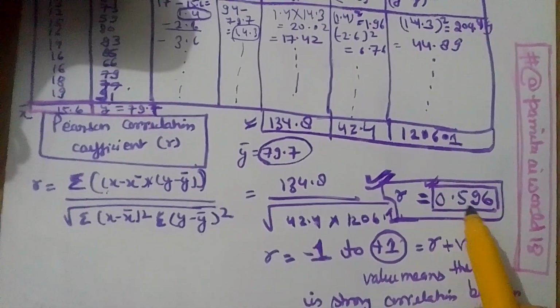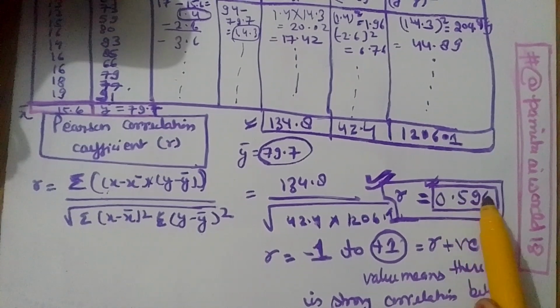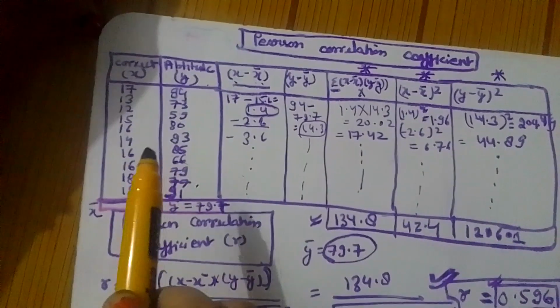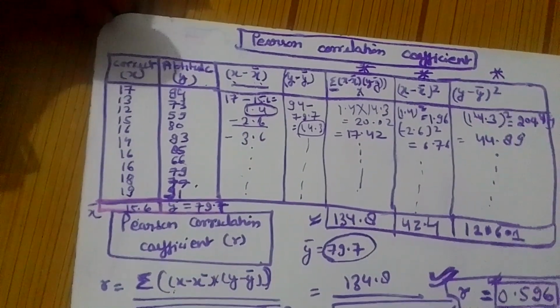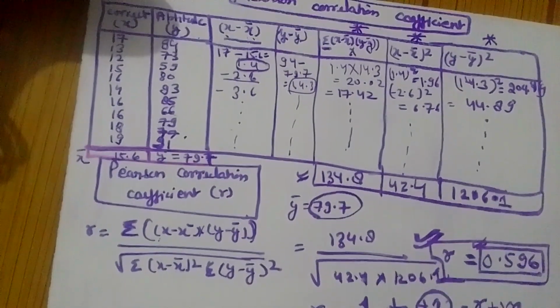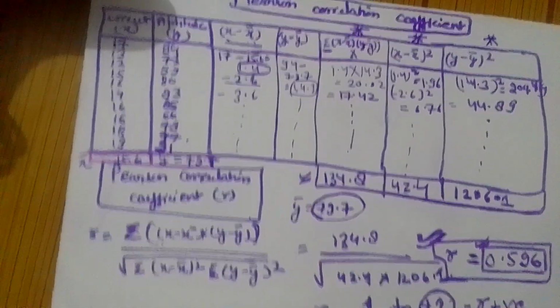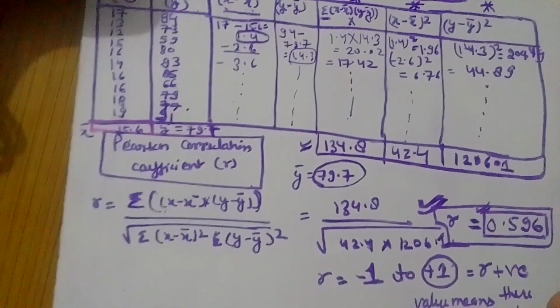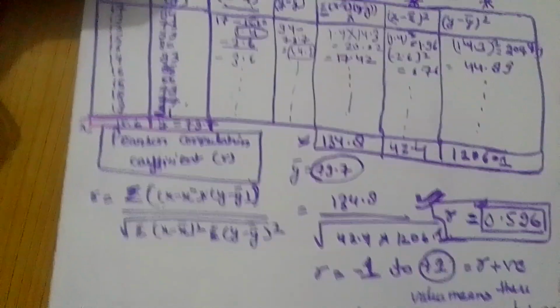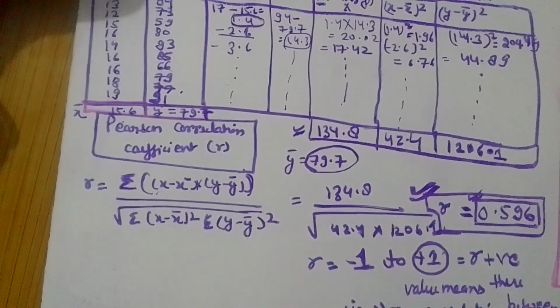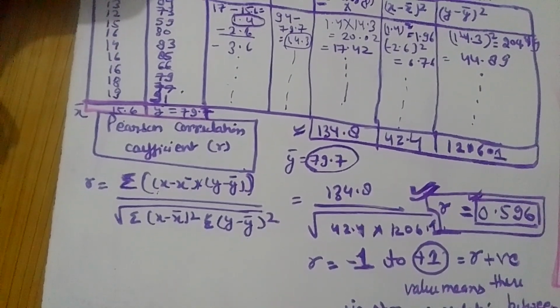Fine. If the value came here -5.96, then we would say that there is no correlation between the correct answers and aptitude test. And we will neglect the correlation between the data sets of the model. Fine. So this is the main idea behind correlation coefficients.